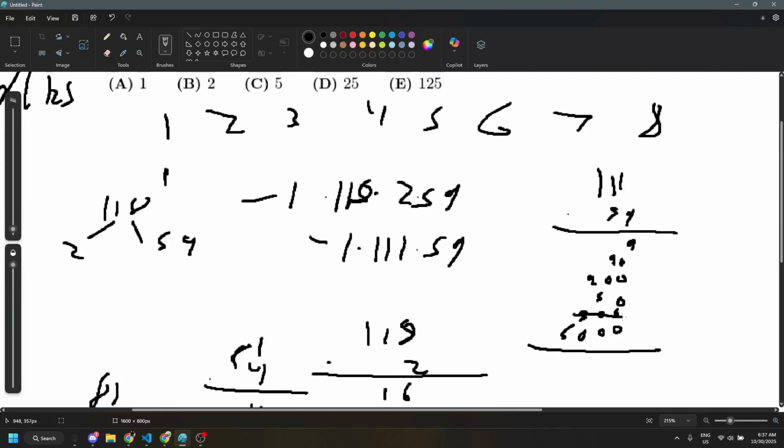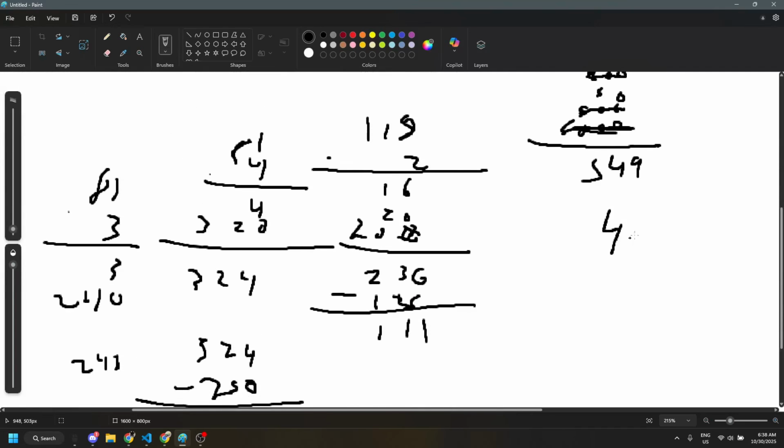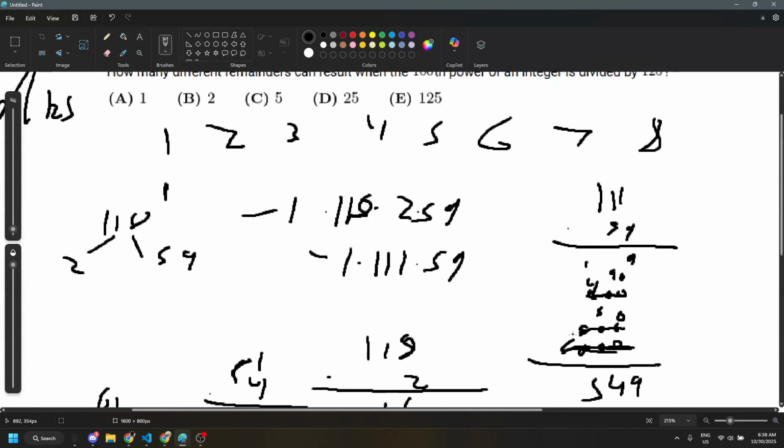Well, 500 cancels out, you subtract 250. This also cancels out, and this goes down to 49. Negative 49 is our answer.